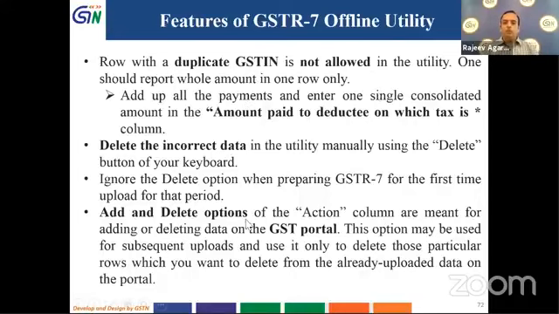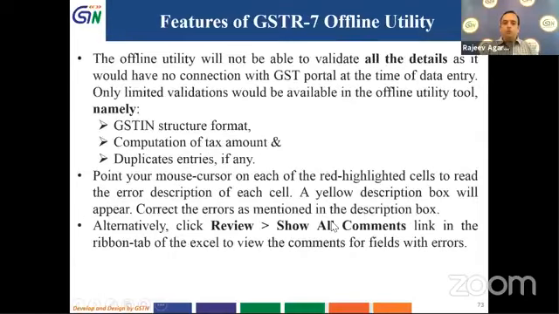Further, you can go through the delete and incorrect data option. Go through it, and you have to select the options also, which we have seen. Some of the validation is done in the utility itself, like GSTIN structure, computation of tax, and duplicate entries, if any. Otherwise, the rest of the entries are validated online.